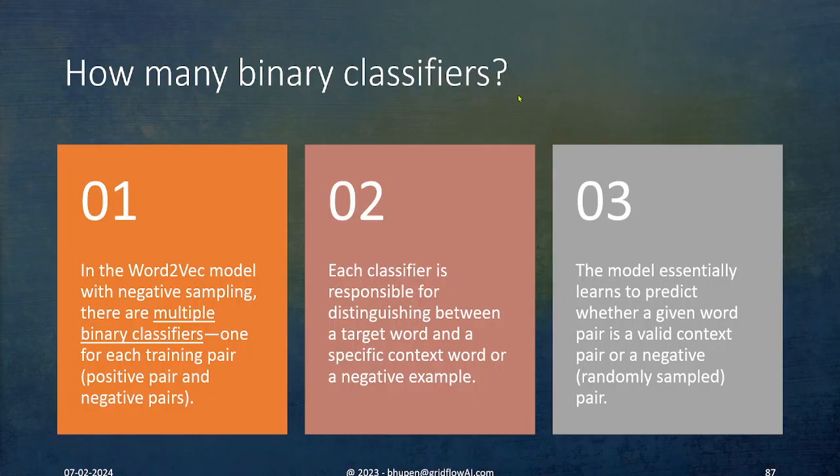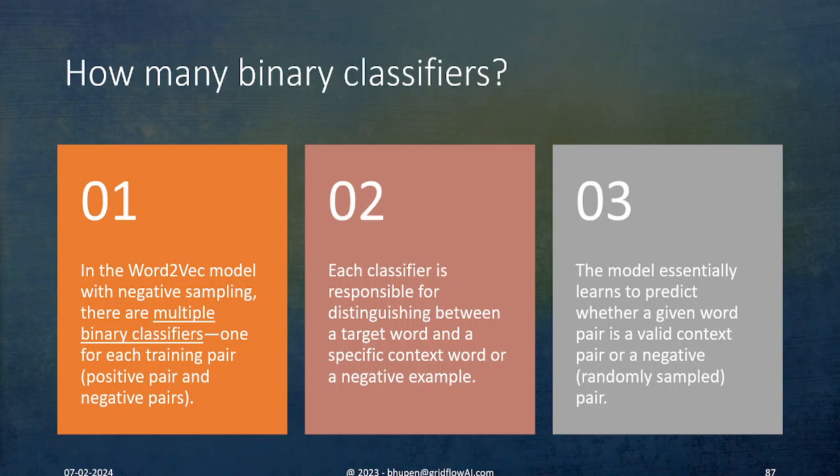So how many binary classifiers are there in the Word2Vec model with negative sampling? There are multiple binary classifiers, one for each training pair, positive and negative. If you have 50,000 such samples, where a sample means a combination of positive and negative samples, that is one subset.